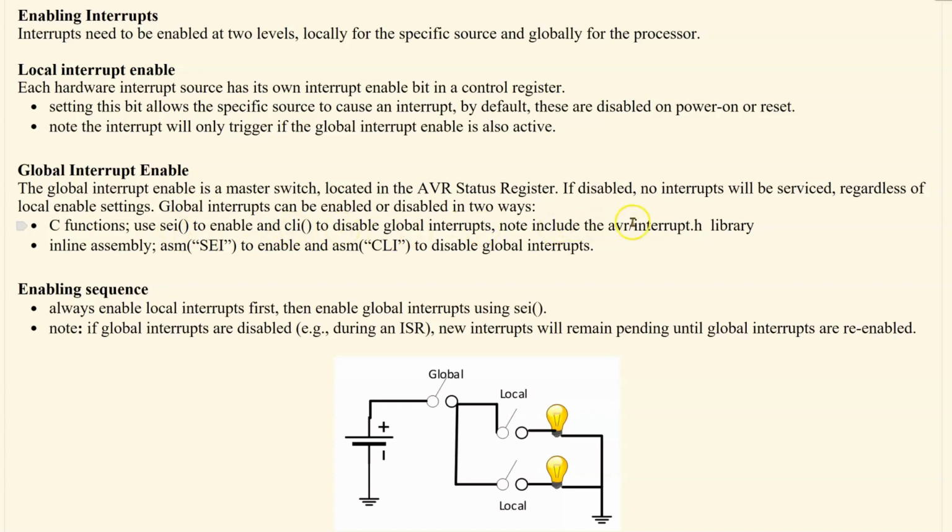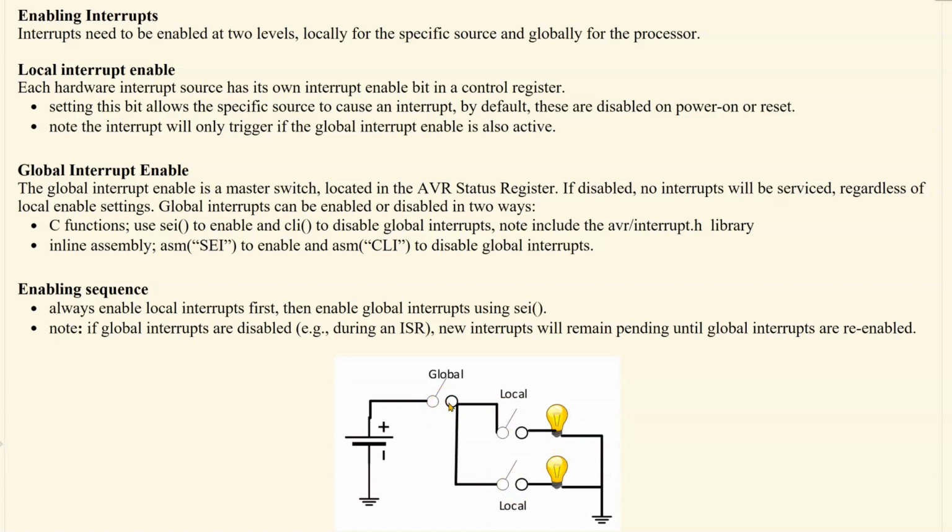If we are using these, we must include the AVR interrupt.h library, or we can use inline assembly, ASM, SEI, ASM, CLI. So if we see the local and global, imagine there's these lights on, we can turn local interrupts on, but the light won't come on until the global interrupt is enabled.